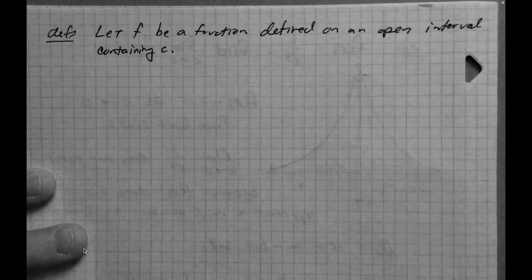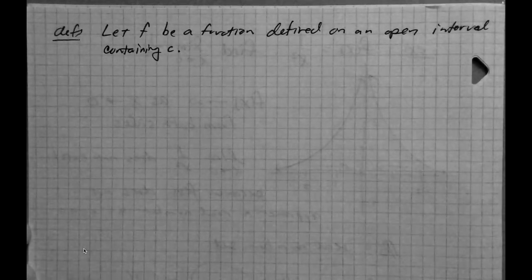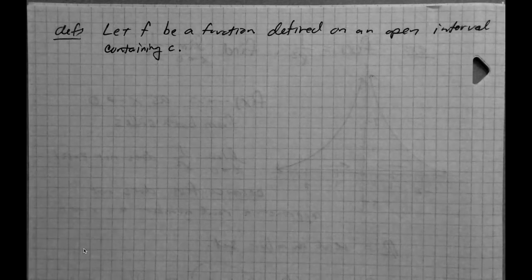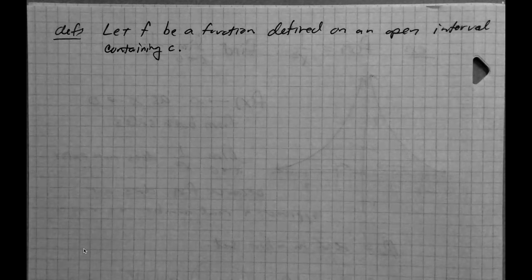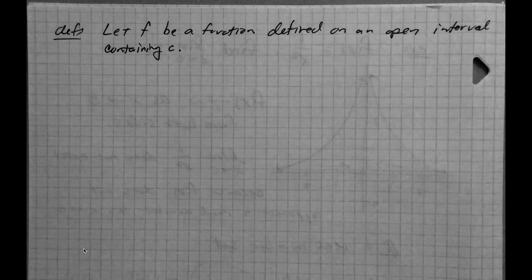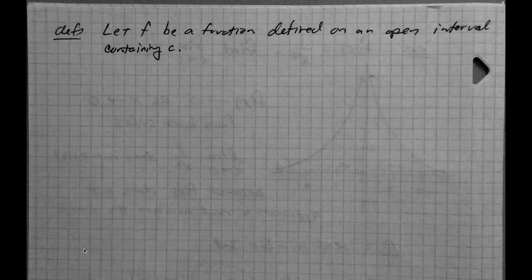We have to approach c. So the function has to be defined on some interval around c so that we can approach c and evaluate the function at those values near it. So let f be a function defined on an open interval containing c.